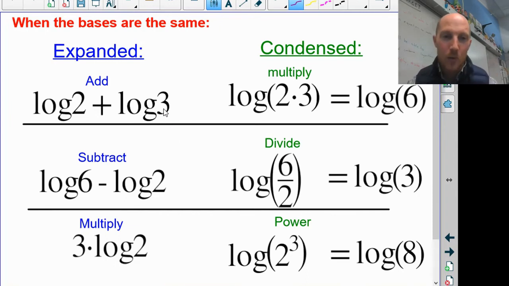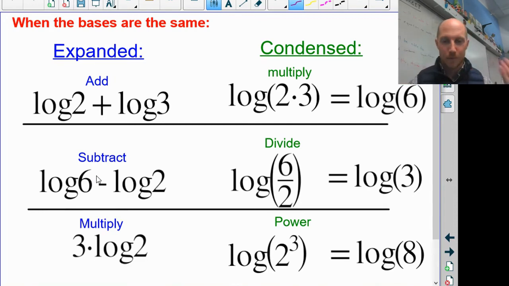Well, as it turns out, if we do the inverse or reverse operation, that also works. The reverse of multiplication is division, and the reverse of adding is subtracting. And since logarithms actually are powers, they are exponents written in a different way, the same properties of exponents also apply as properties of logarithms.